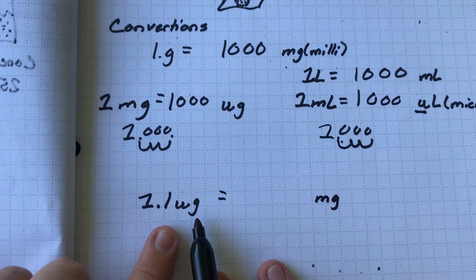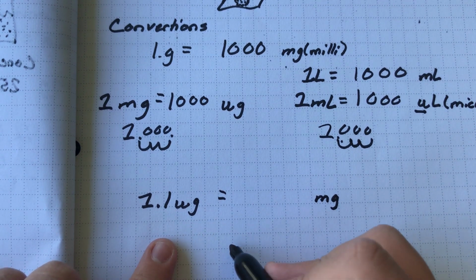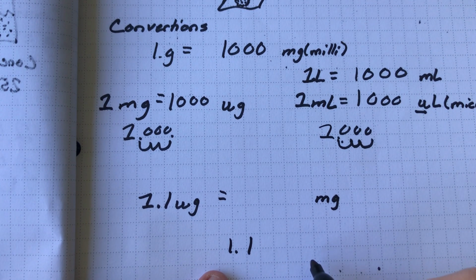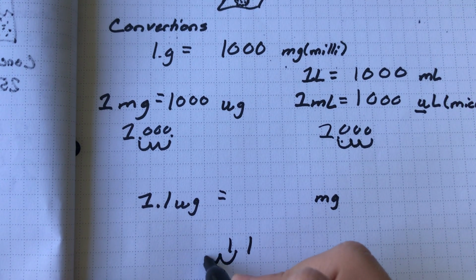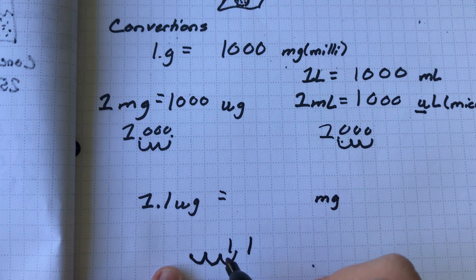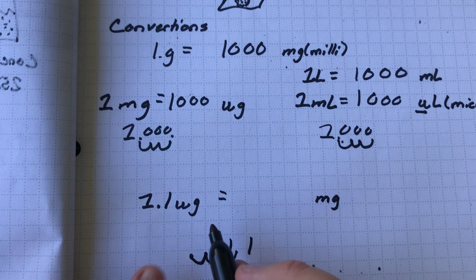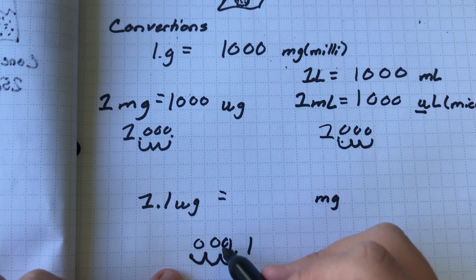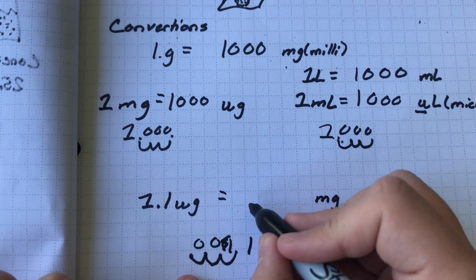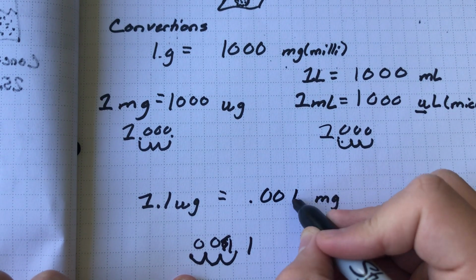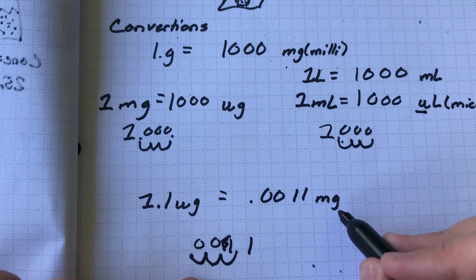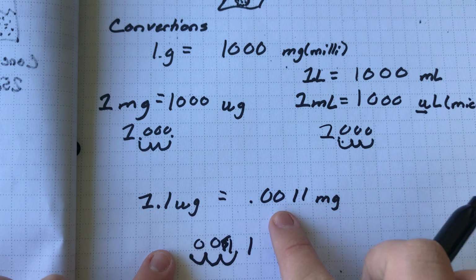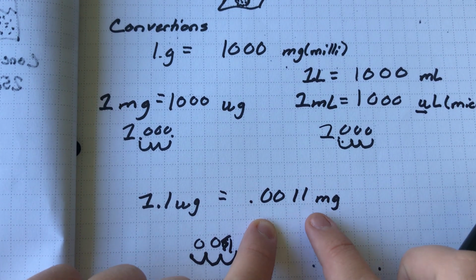So going from a microgram, you're going to have 1.1, and instead of moving it to the right 3, you're moving it to the left 3 because you are getting bigger instead of smaller like before. So the answer is going to be 0.0011 milligram. So 1.1 micrograms is equal to 0.0011 milligram.